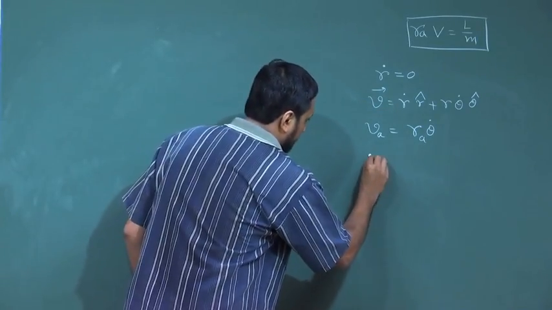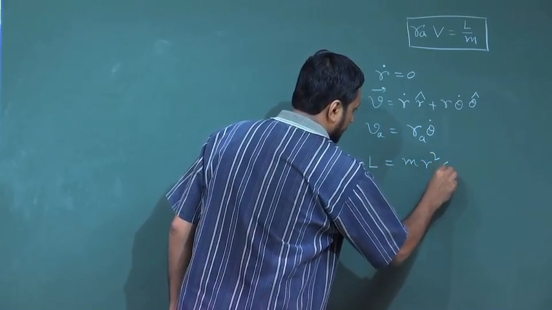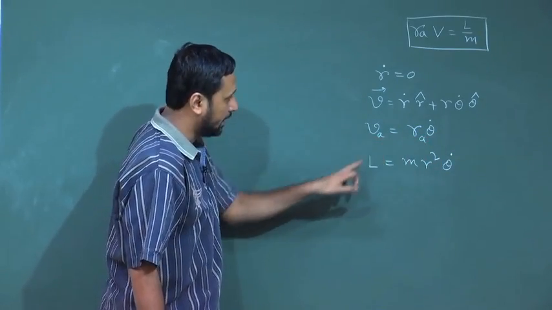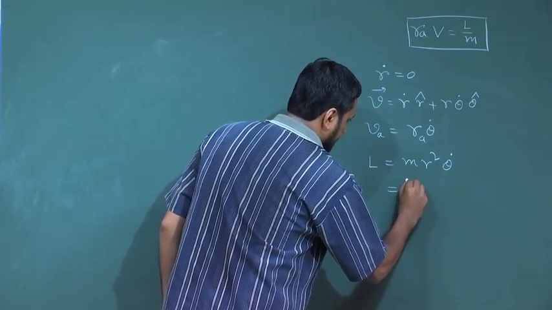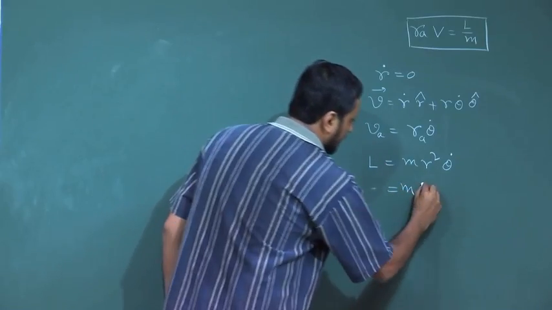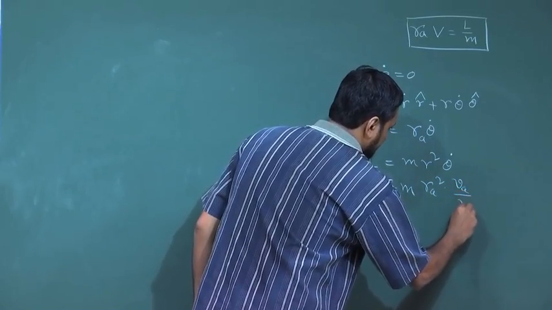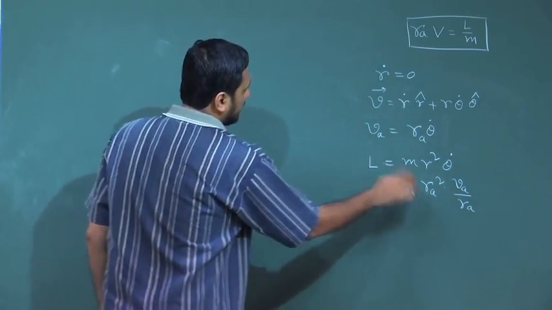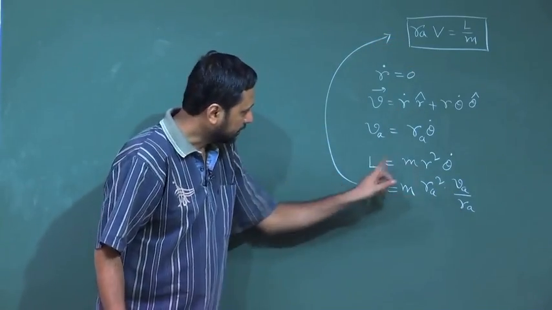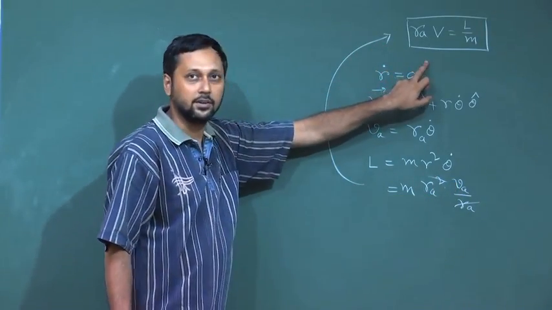Now, the angular momentum is given by m r square theta dot. For theta dot we can substitute V_A by R_A. If we do that at an apsidal point, the expression becomes R_A square into V_A divided by R_A. So, this will again give back the same relation, just by cancelling and rearrangement.